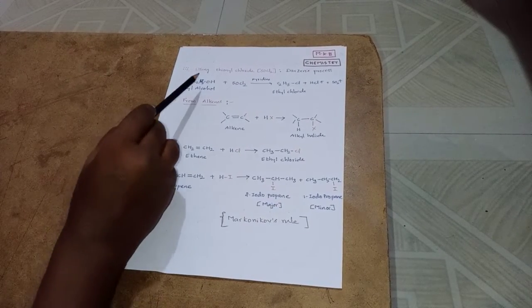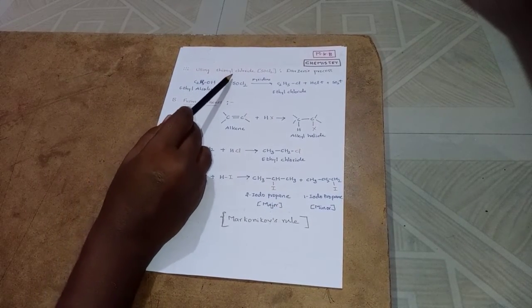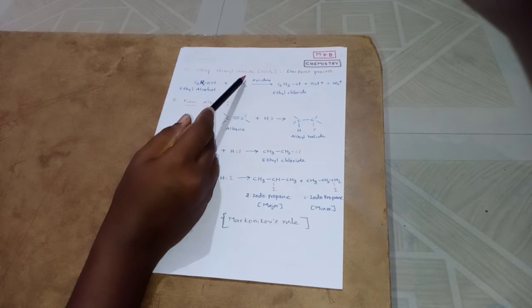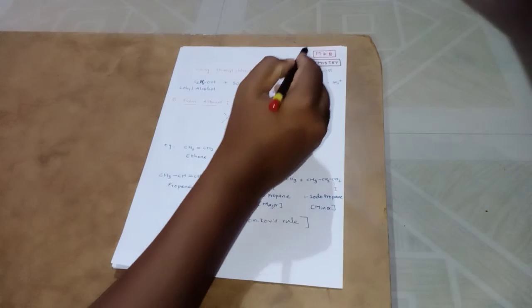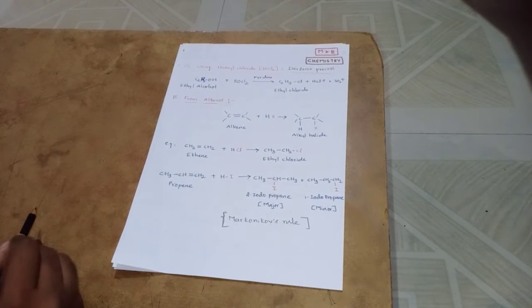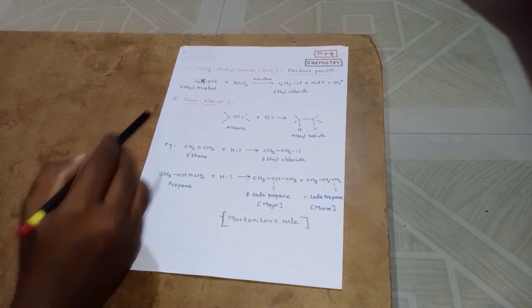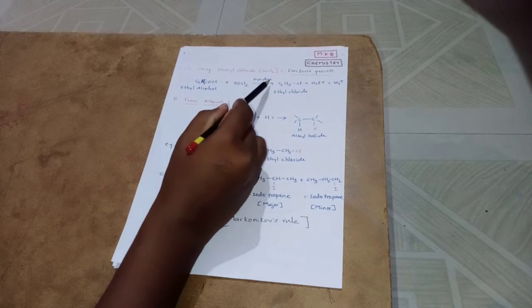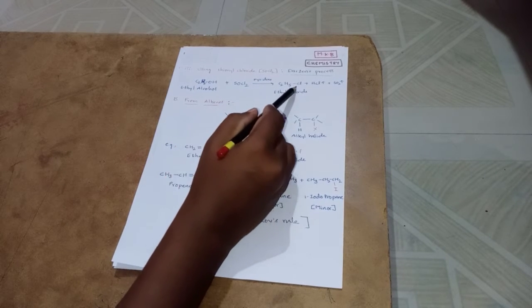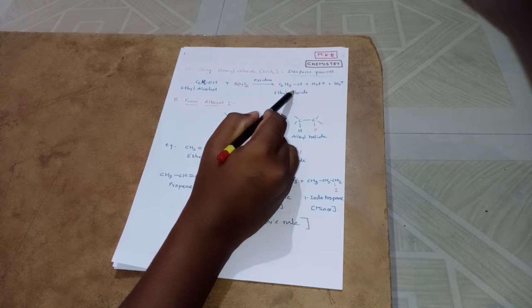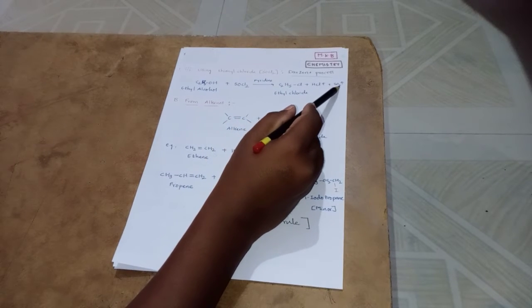Again using the same alcohols, but the reagent is thionyl chloride. If you treat alcohol with thionyl chloride, that process is called D'Argens process. Alcohol plus thionyl chloride, SOCl2, in the presence of pyridine gives rise to, in place of OH you write Cl, C2H5Cl plus HCl plus SO2.